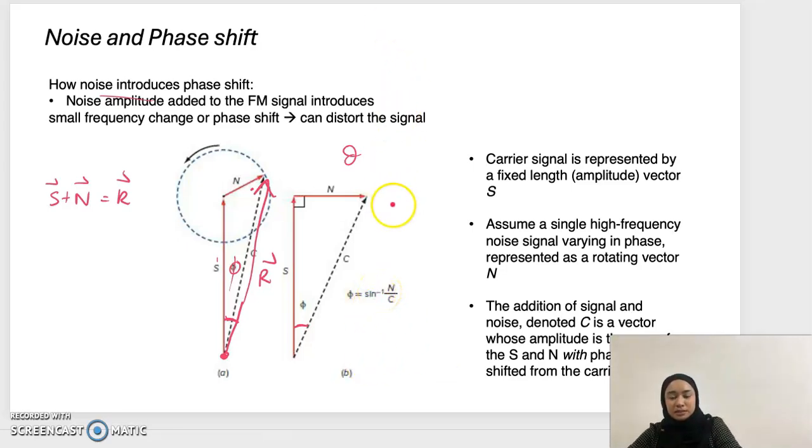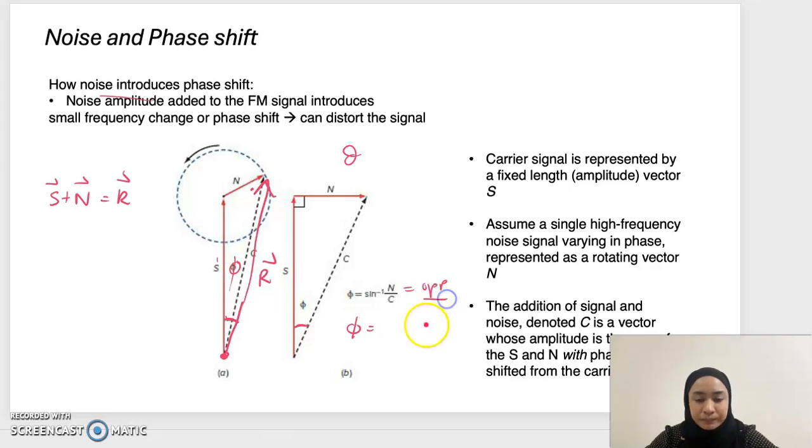Opposite over adjacent will give me the phase shift, or I can find opposite over hypotenuse, which gives us the angle when we use sine.